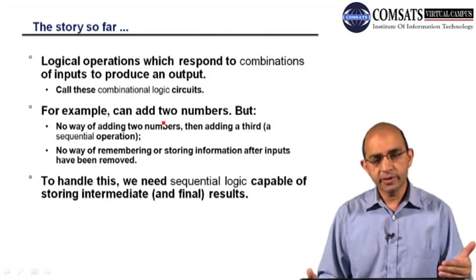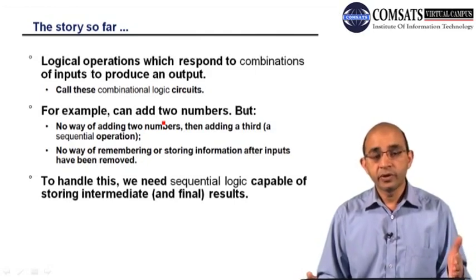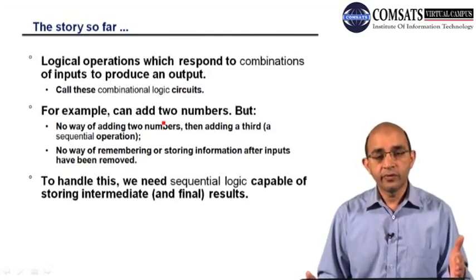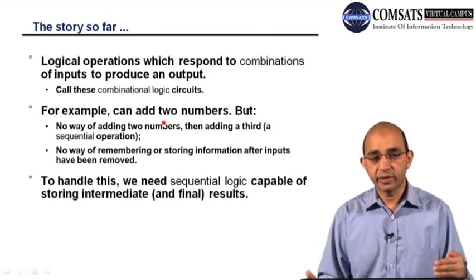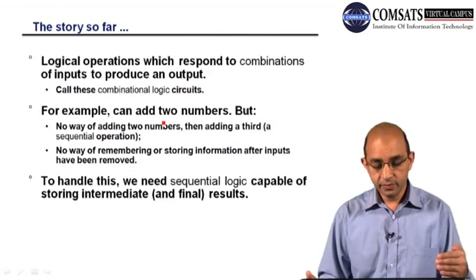You will add 2 numbers, and you have to store the resultant somewhere else. So there is memory involved. Moreover, you also need to know when you will have the resultant, and you must take that resultant in order to add it to the 3rd number. So this is the second point which indicates the requirement of a sequential circuit.